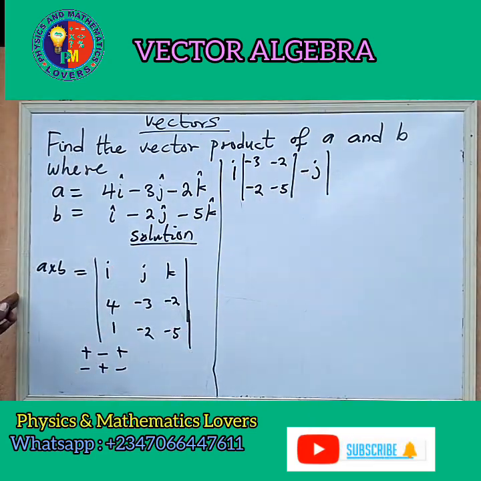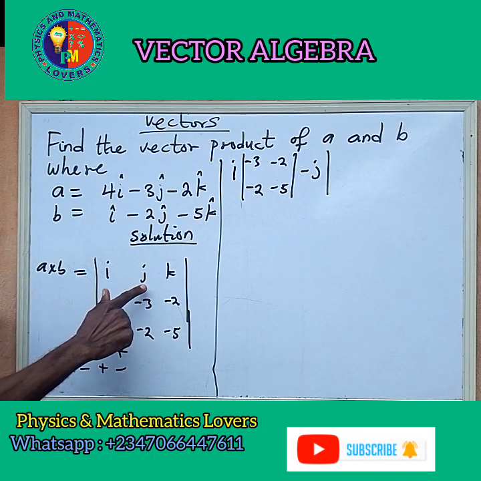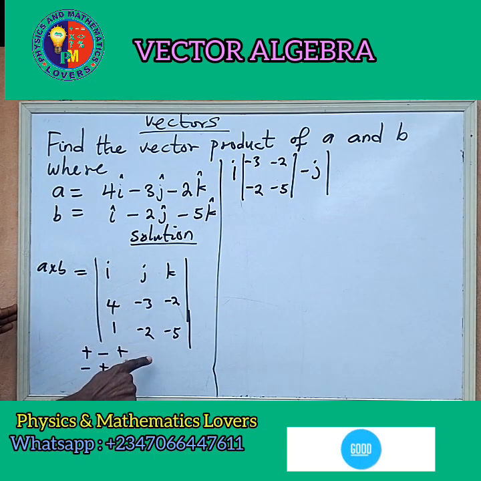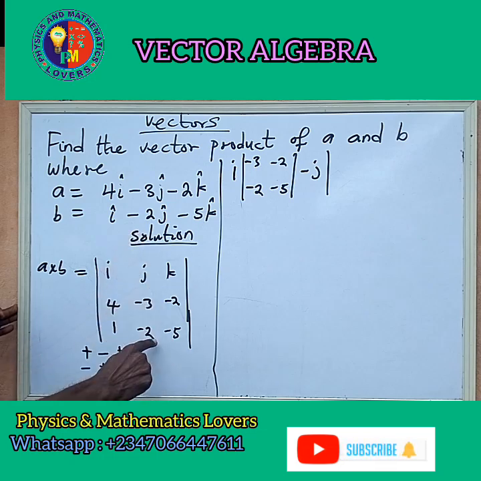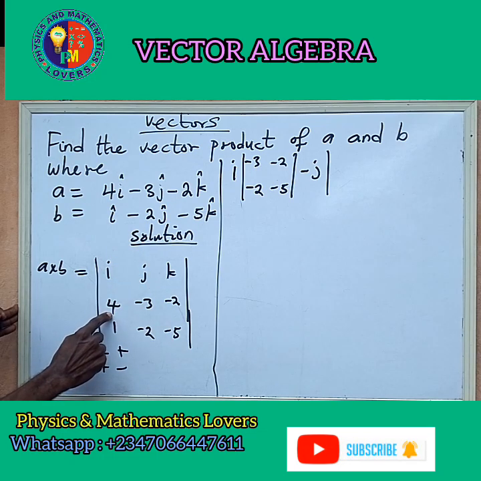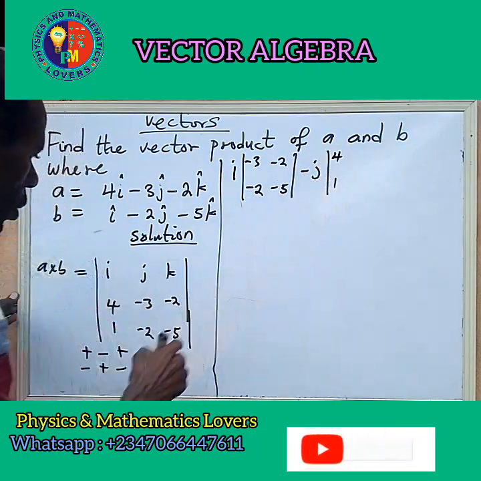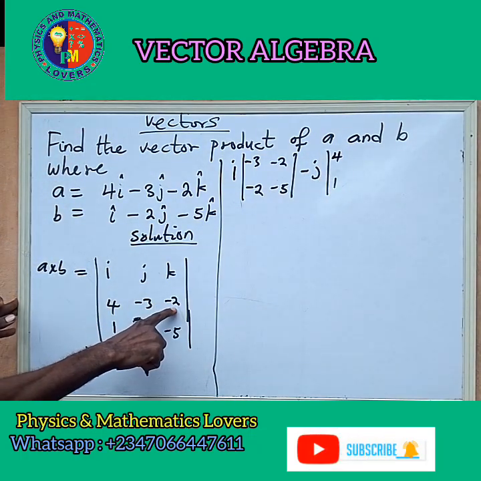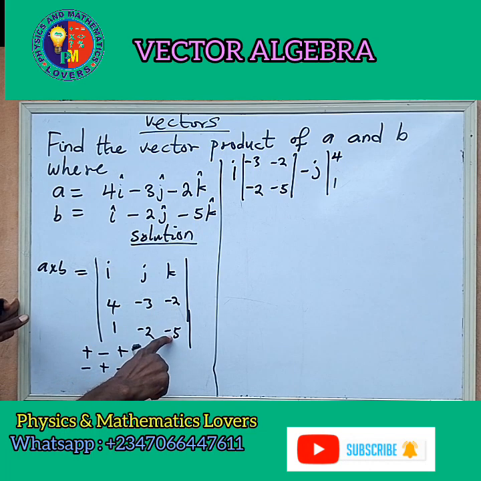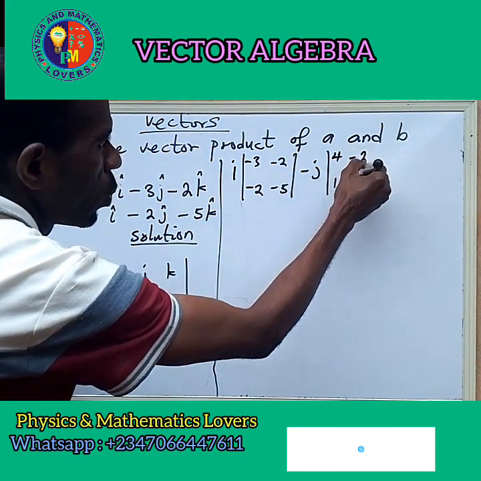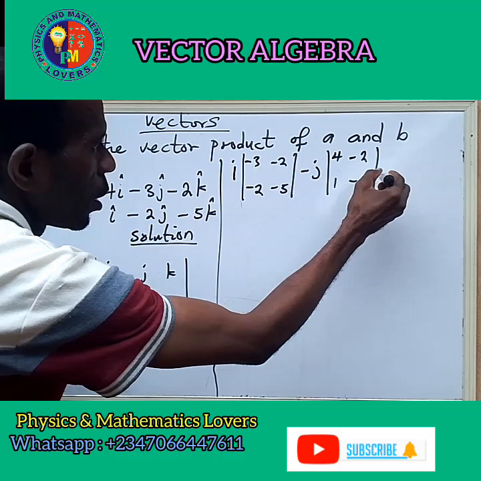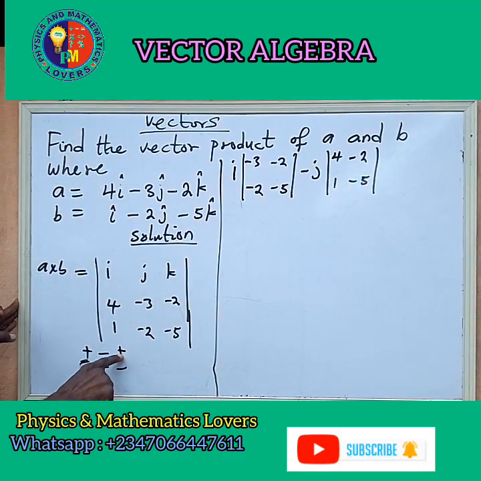Now look at the j, the row and the column. Don't take from the row, don't take from the column. So we are going to have 4 and 1, then negative 2 and negative 5. Then the next sign is plus.